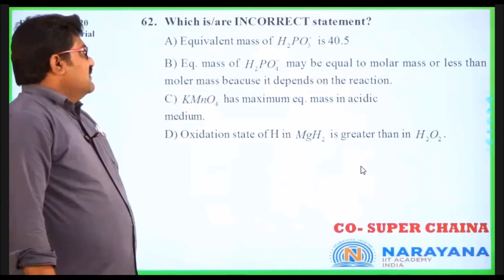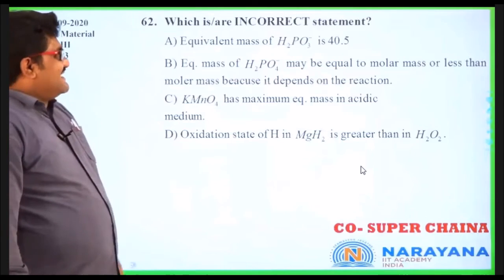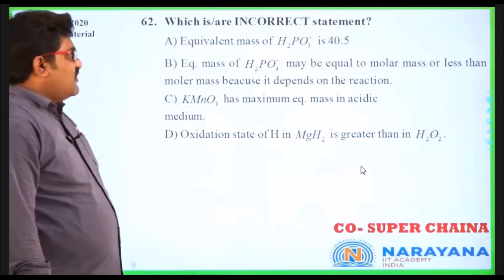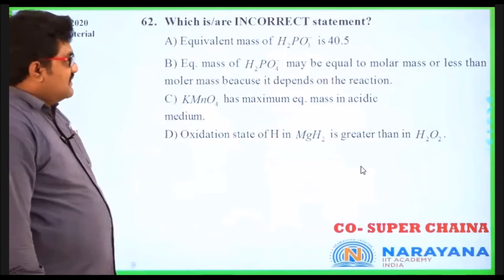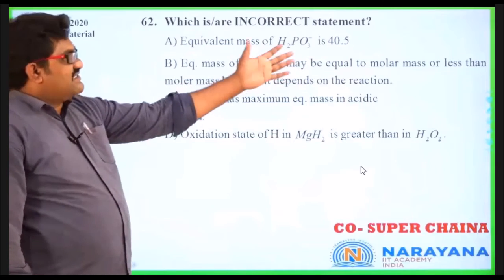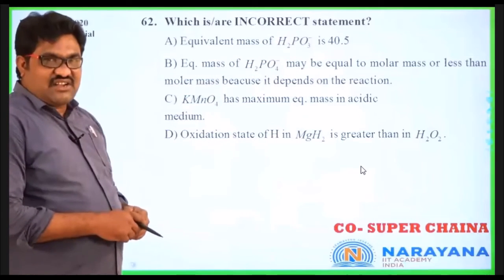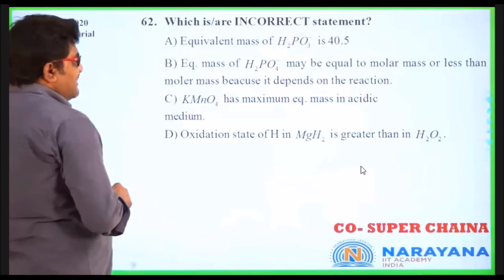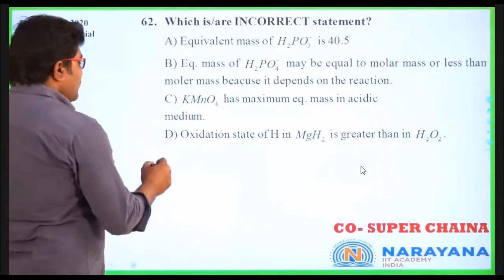Which are the incorrect statements? Equivalent mass of H2PO3 minus is 40.5. But H2PO3 minus is an ion individually. We can take the total charge 1. So H2PO3 minus equivalent mass, n factor is equal to 1.